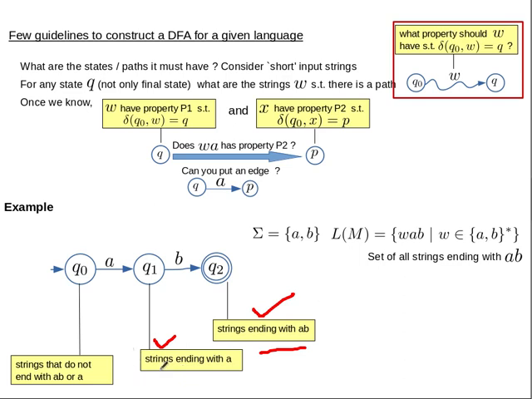Now maybe here you say that all other strings perhaps lead to here, and again you cannot be sure at this point, but at least this will give you some guidance. So these are strings which do not end with AB or A, because those are the strings here.